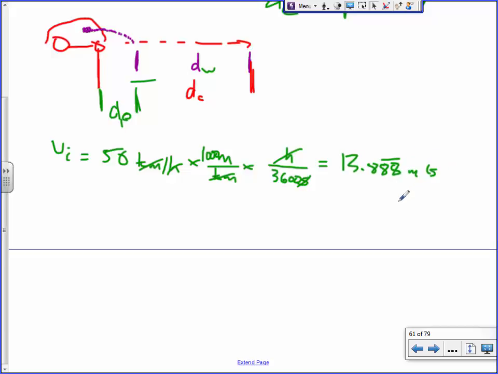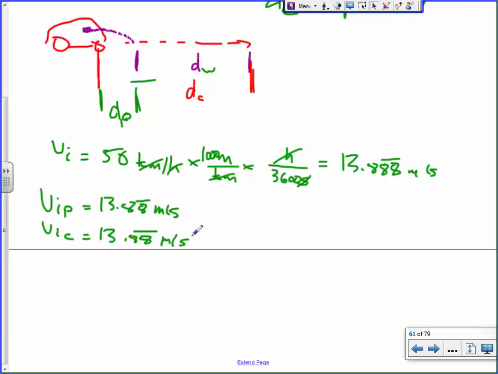What's that the initial velocity of? Well, it's actually the initial velocity of both of these things, right? The car was initially going that speed, and so was the cell phone, wasn't it? So both of these things were actually going that speed when we began. The initial velocity of the phone was 13.8 repeating meters per second, and the initial velocity of the car was 13.8 meters per second.